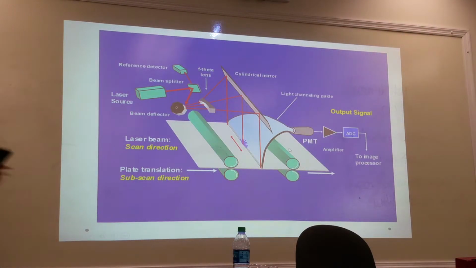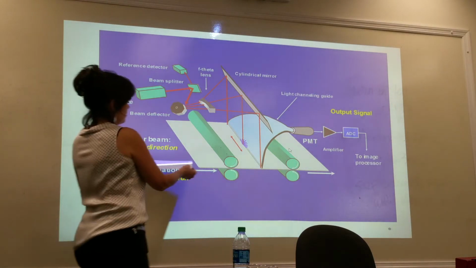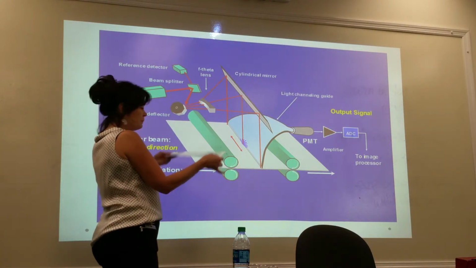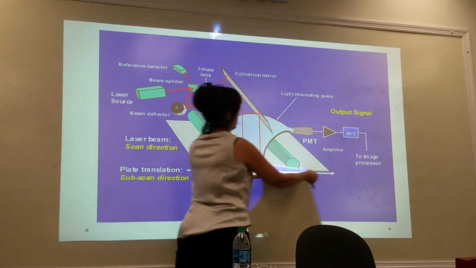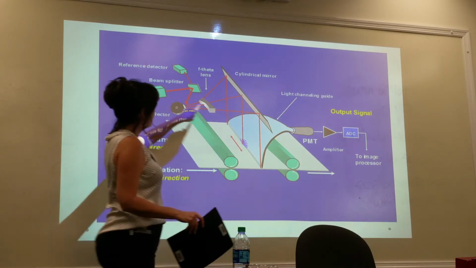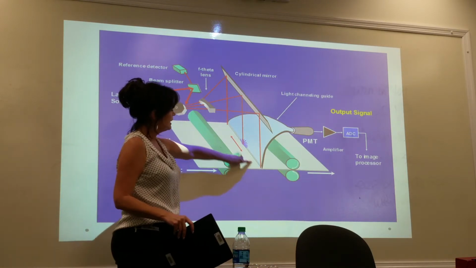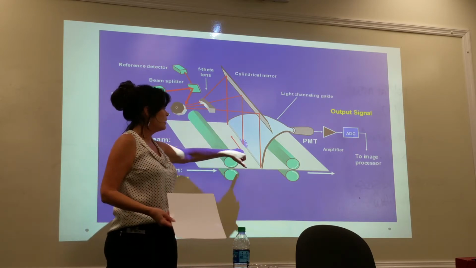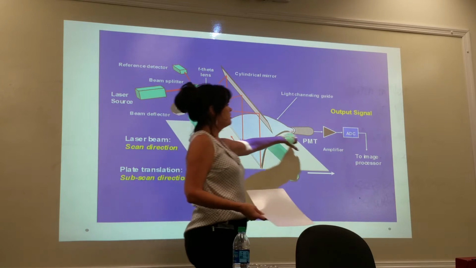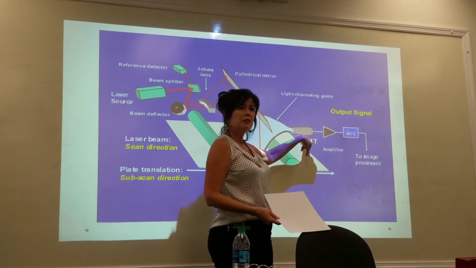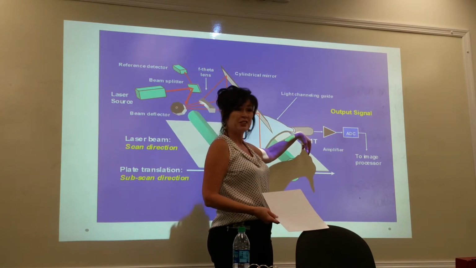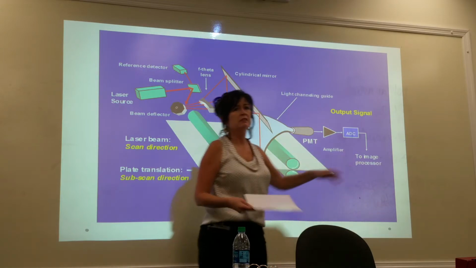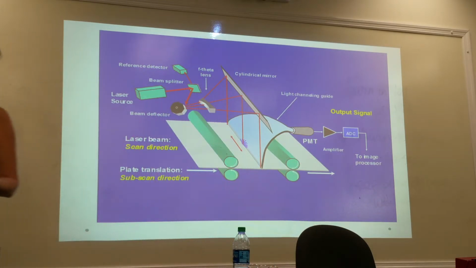So here's just a picture of this imaging plate going through. Again, the rollers. Here you have the red laser light stimulating. The phosphor here glows in the blue spectrum. That blue light is picked up by the photomultiplier tube and converted to electrons, which makes up our signal to go to the computer.